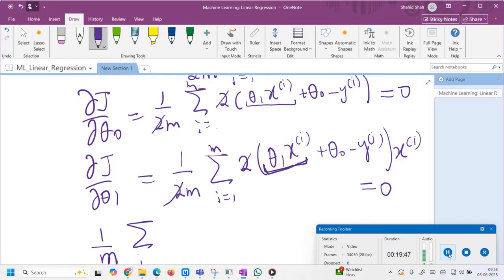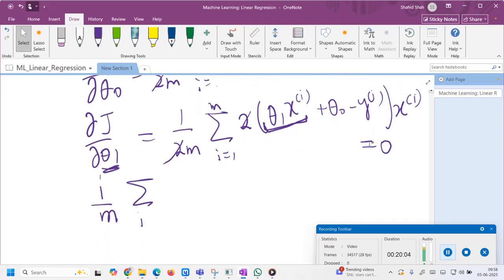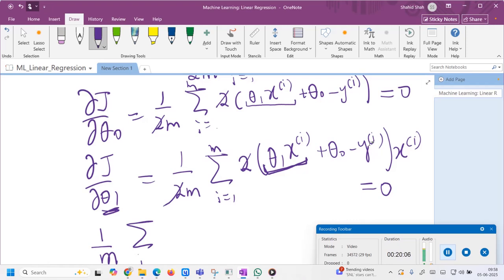Mind it that here xi is constant with respect to the variable of differentiation. Theta 1 is the variable of differentiation. So the internal differentiation of theta 0 and yi is 0 because they are constant with respect to theta 1. So the internal derivative of this term is xi, multiplied here. Now you put that equal to 0. One more thing: why we had 1 by 2m? Because of differentiation, this 2 comes here, the 2 and 2 get cancelled, and we get 1 by m here.